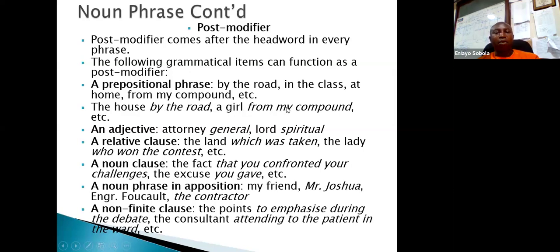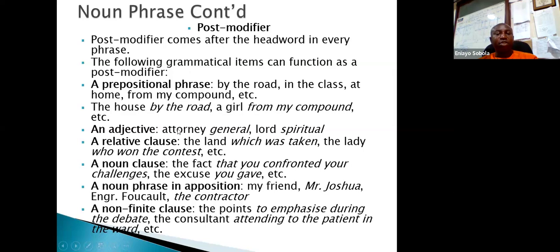A girl from my compound. Here we have girl, the head word. From my compound is a post modifier, supplying additional information on the girl, which is the head word. Apart from prepositional phrases, we also have an adjective. An adjective can post modify a noun in a noun phrase.